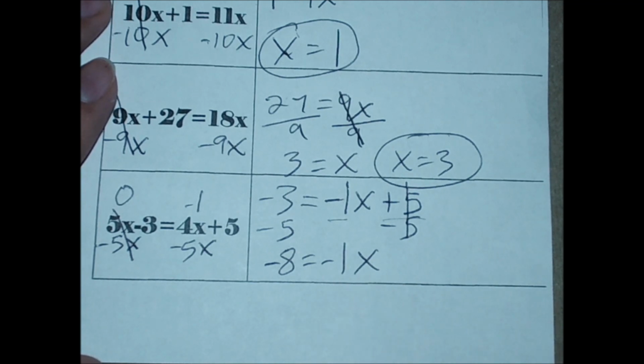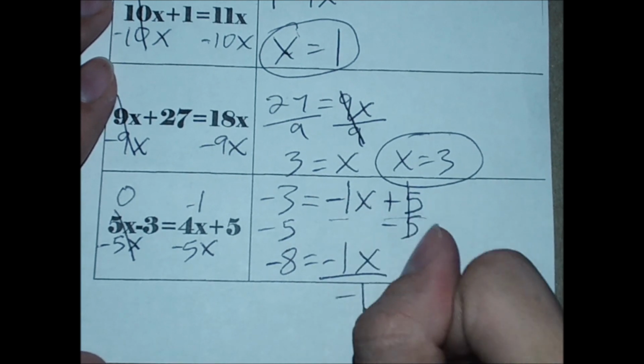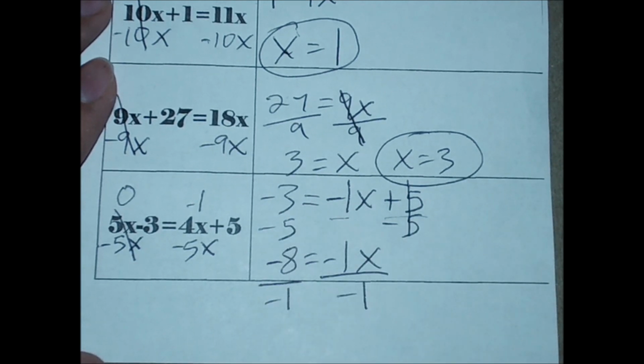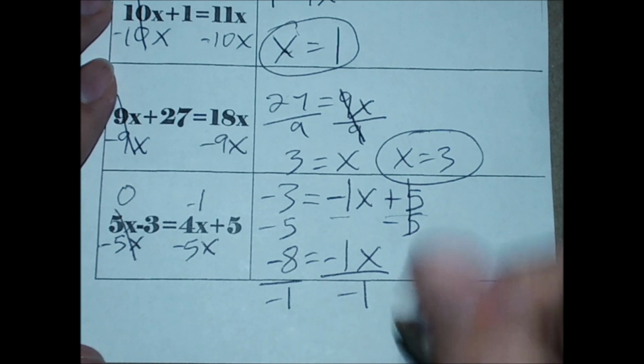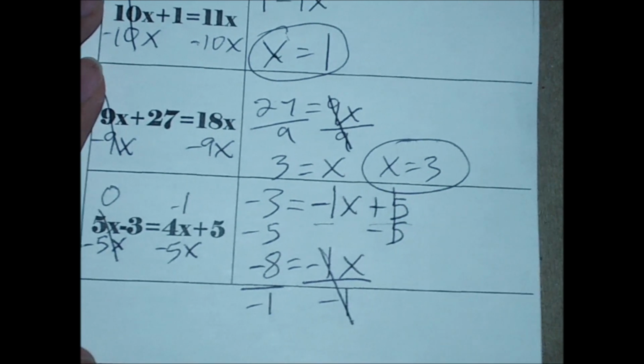So to cancel this, I need to do the opposite and divide. Okay? Divide both sides by negative 1. Okay? Not 1, negative 1. Because I want this to cancel to get me 1x. I have a negative 1x. I need to divide by negative 1 so that this cancels.